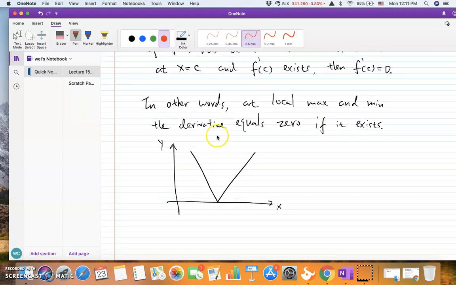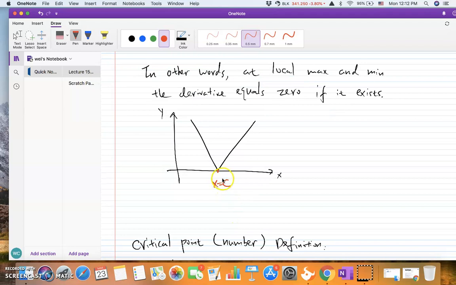Now in this example, the function has a local minimum.